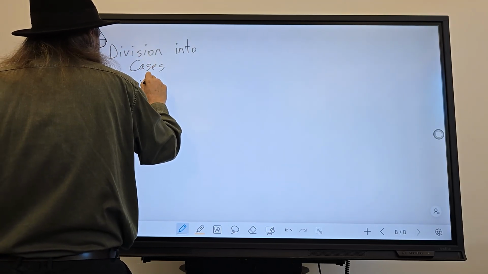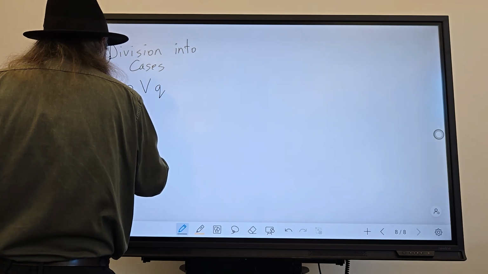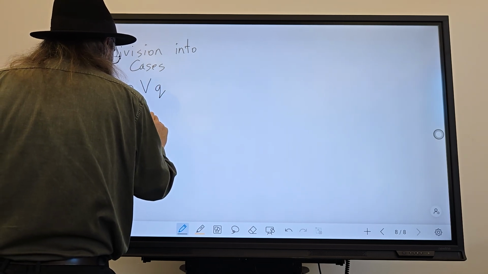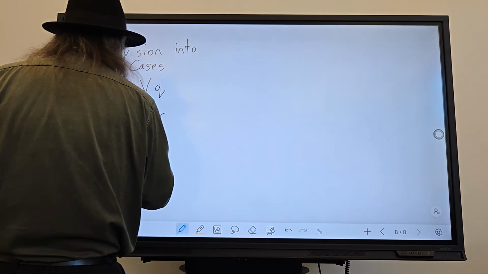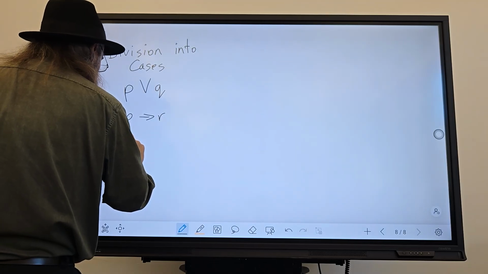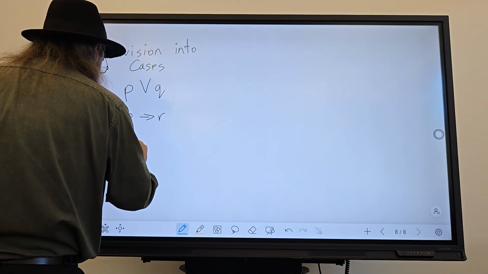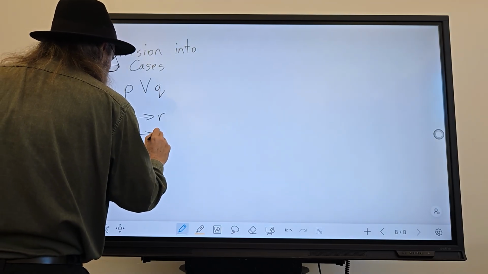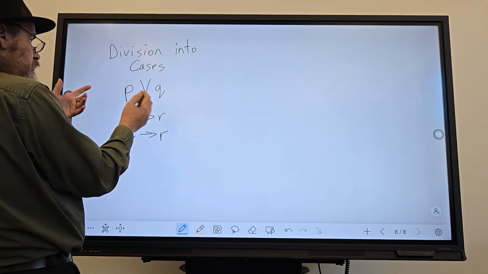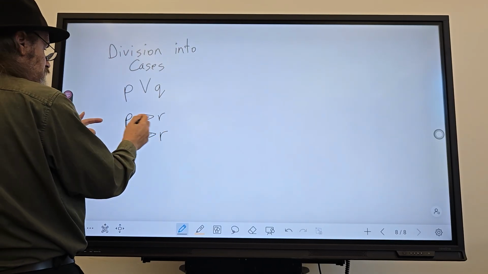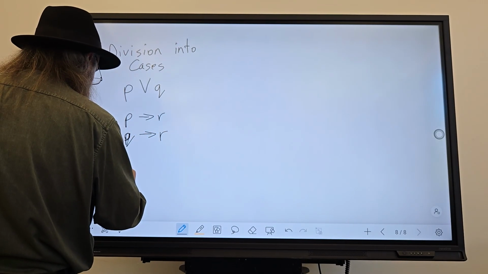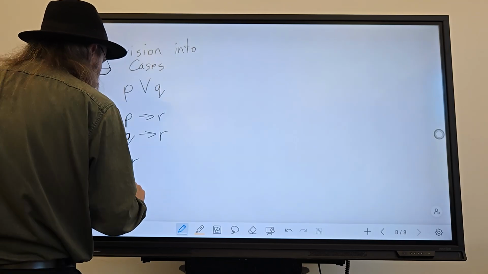P or Q. P implies R, and Q implies R. Either P or Q is true, therefore R is true.